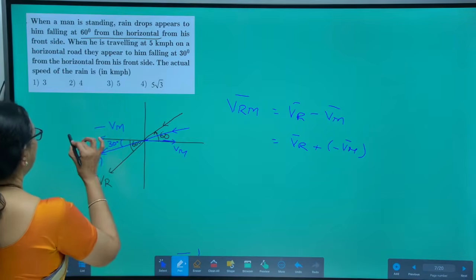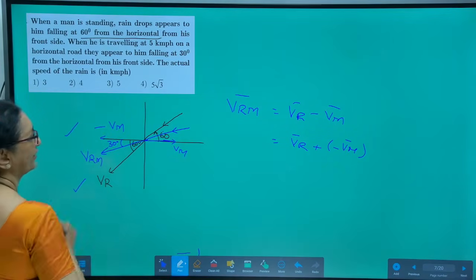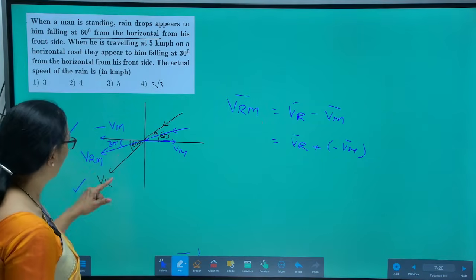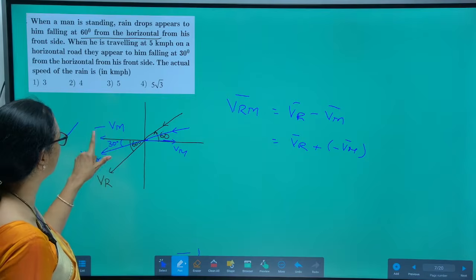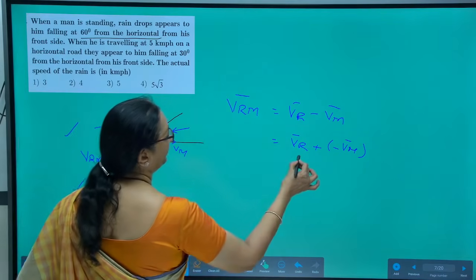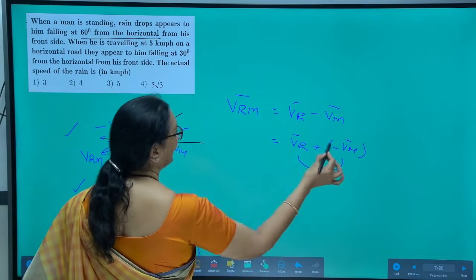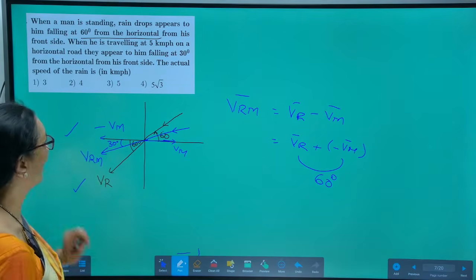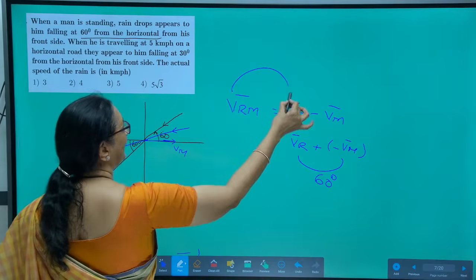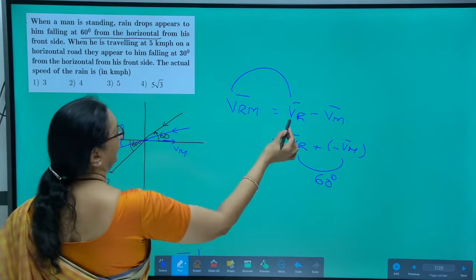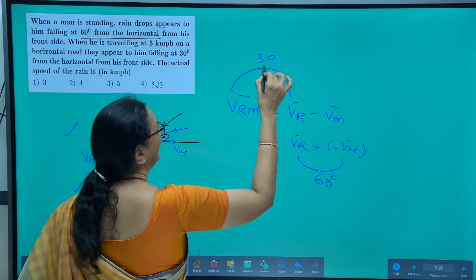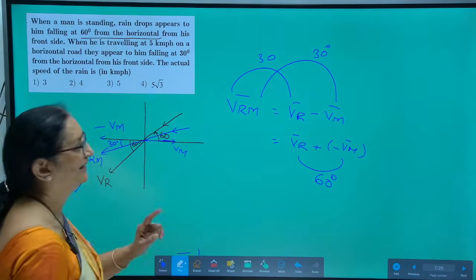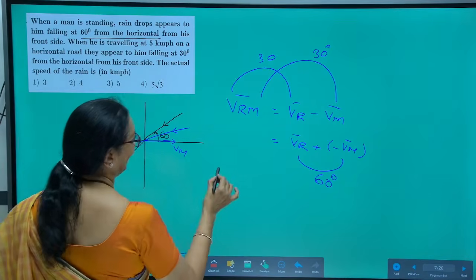Look, in this example, what is the angle between Vr and minus Vm? Vr is like this, Vm is like this. Angle between Vr and minus Vm is 60 degrees. And if you observe, angle between Vrm and Vr is 30 degrees and angle between these two is also 30 degrees. In one word, we can say like this.